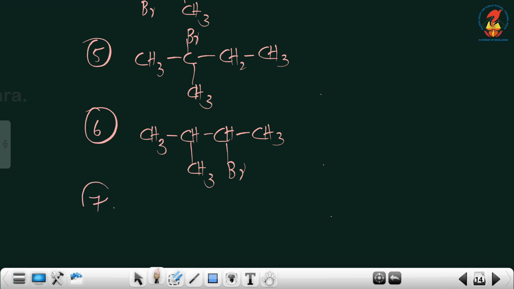And in the next structure, 1, 2, 3, 4 carbon straight, 1 carbon here, and bromine on the last carbon.